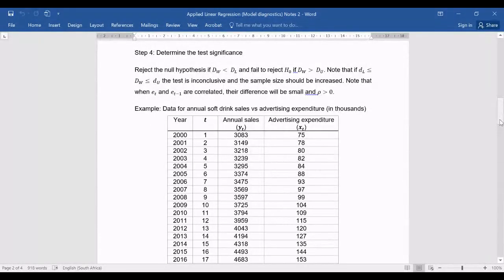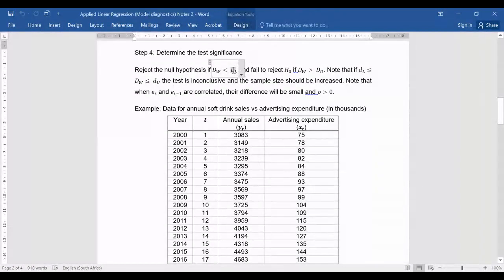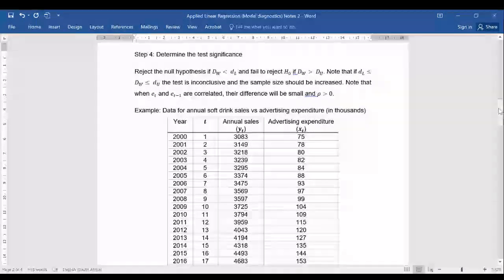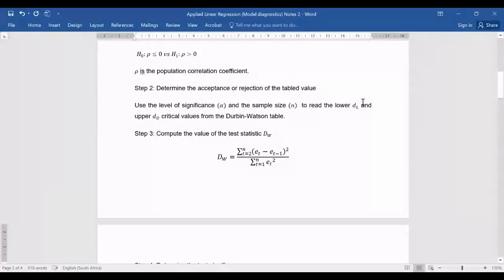So now we reject the null hypothesis if DW, which is the value of the test statistic, is less than DL. DL, this should be a small letter d. DL is the lower critical value from here.